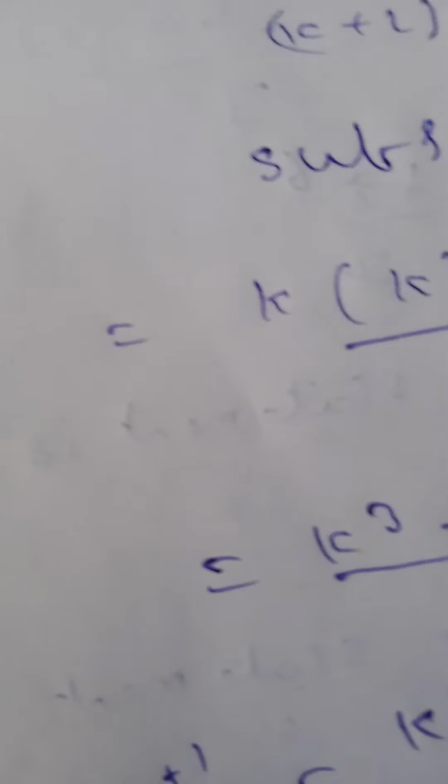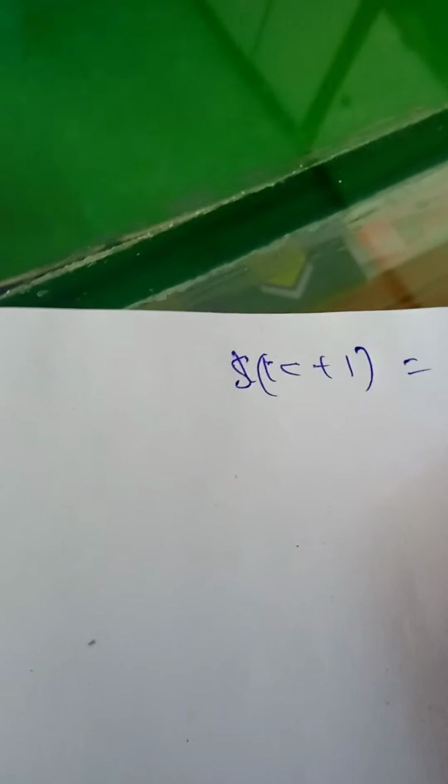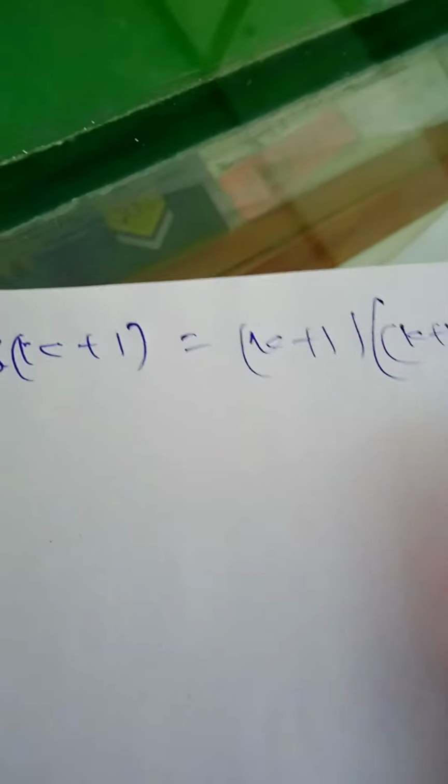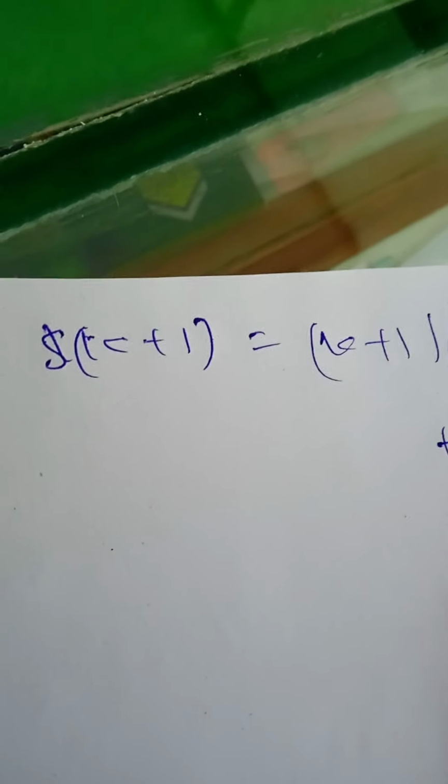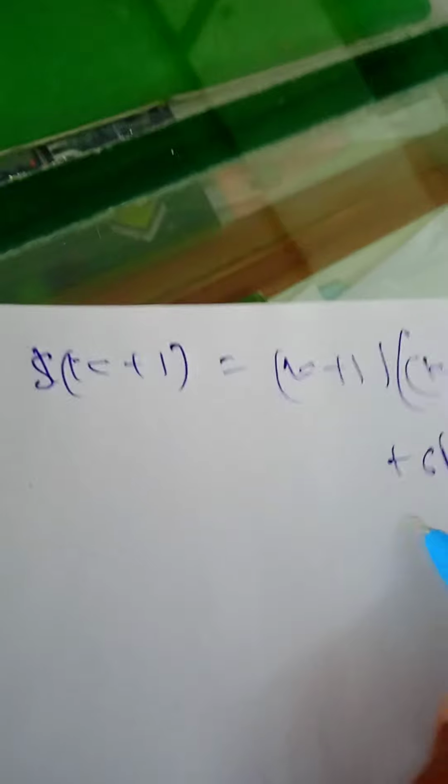Rough work means S of k plus 1 equals the right side: (k plus 1) into ((k plus 1) whole square plus 6 into (k plus 1) plus 11) whole by 3.